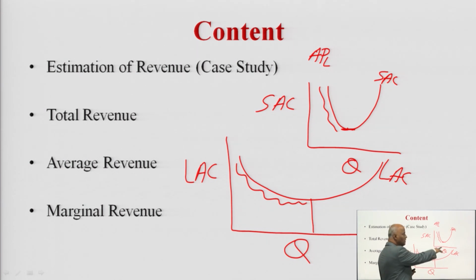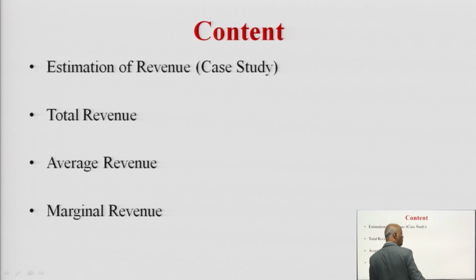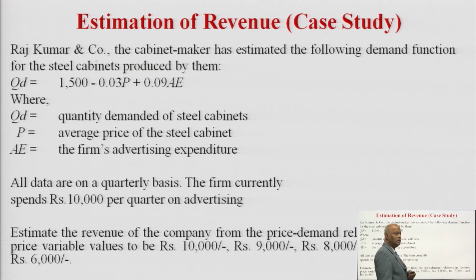That we have already discussed in the previous lecture, and now what I was mentioning is that we will discuss the revenue part, how the producer wants to maximize the revenue, and for that let us discuss a case study about the estimation of total revenue.